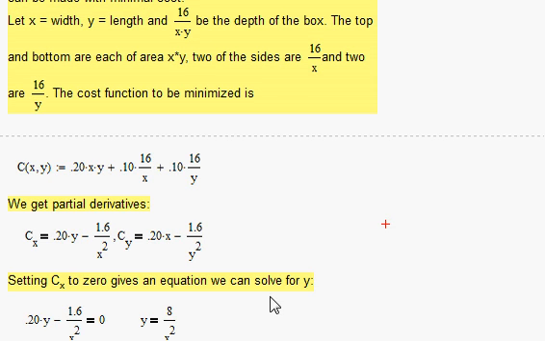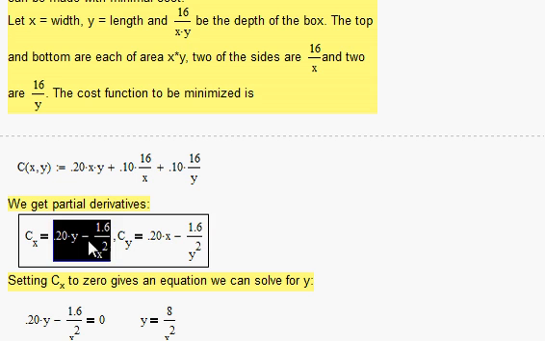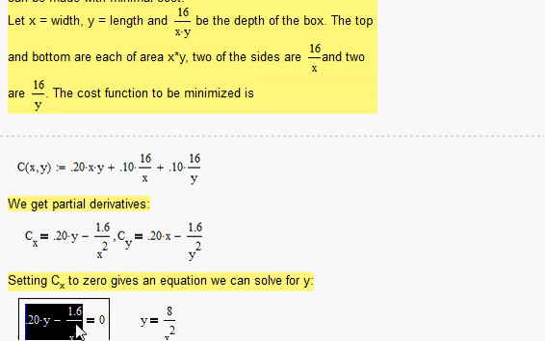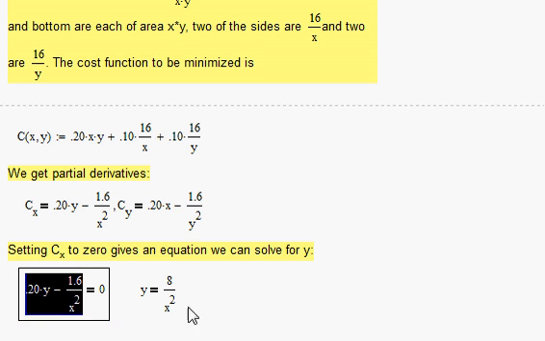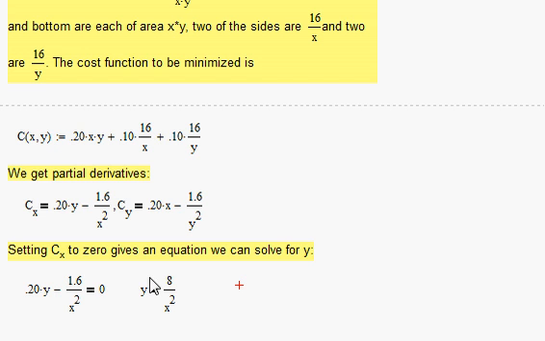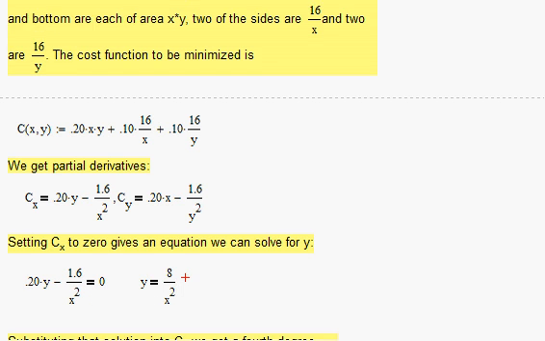So setting the partial with respect to x equal to 0, that's this one equal to 0. If we multiplied both sides by 5, we'd have y minus 8 over x squared equals 0, or y equals 8 over x squared.